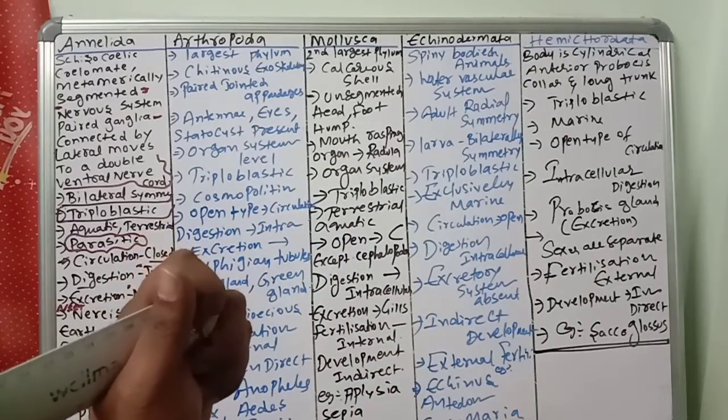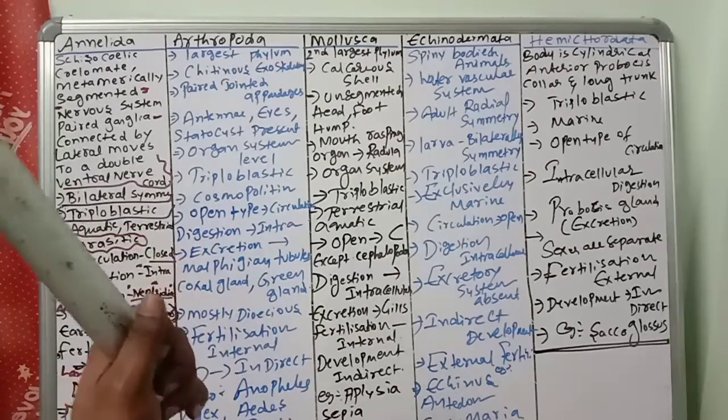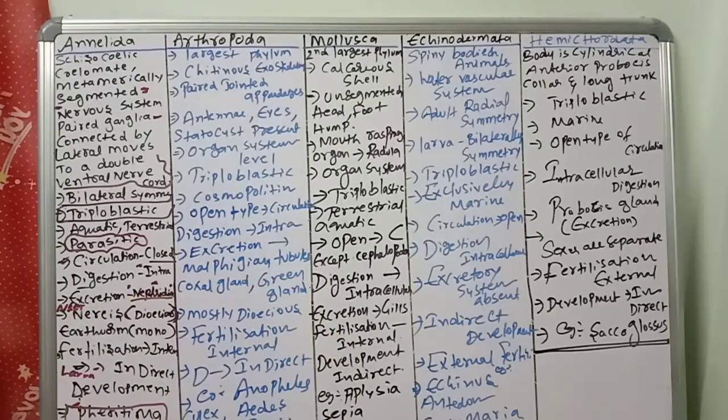They have an open type of circulation system. Fertilization is external. Development is indirect. The example is Balanoglossus. Like this, the phyla Annelida, Arthropoda, Mollusca, Echinodermata, Hemichordata are there.